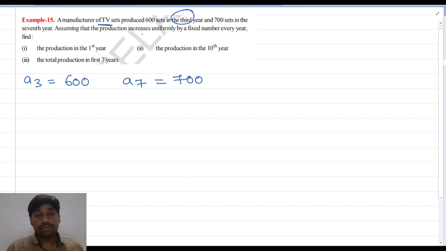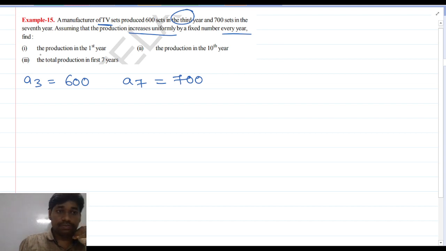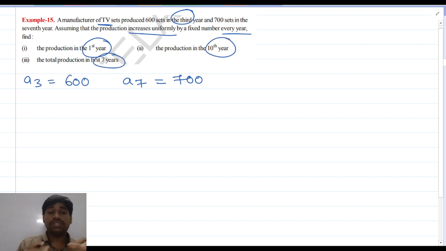Assuming that production is increasing uniformly by a fixed number every year, find the production in the first year, means the first term, in the 10th year, the 10th term, and the total in 7 years, means the sum of 7 terms.